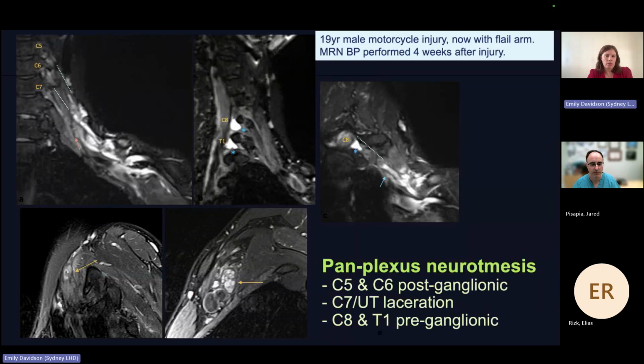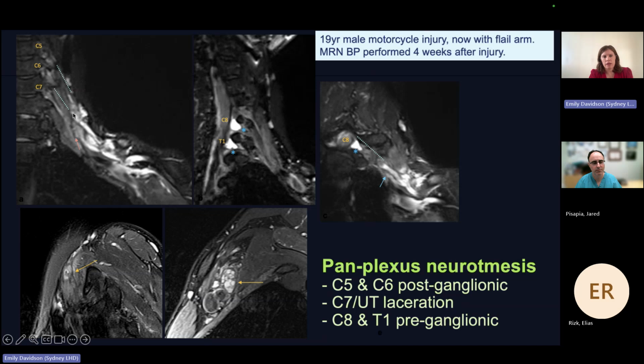Again, another high-velocity injury, 4 weeks after. This was repeated; the original study was non-diagnostic. We can see he's got large segments of discontinuity of the nerve. The C5 and the C6 have postganglionic root avulsions, and the nerve stump edge is retracted to the interscalene triangle.